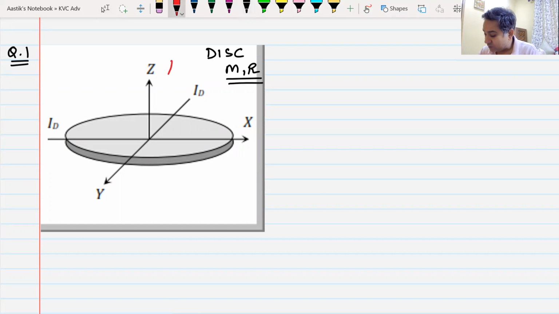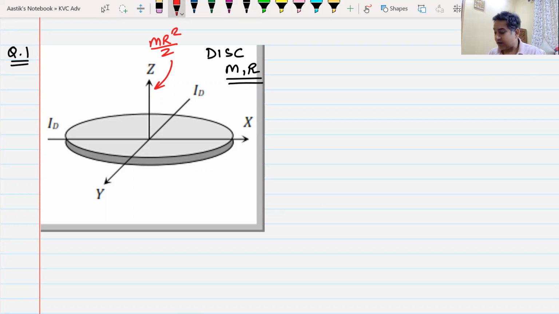About this axis which passes through the center and is perpendicular, we know the moment of inertia of this disk. What is it about this z-axis? mr square by 2.